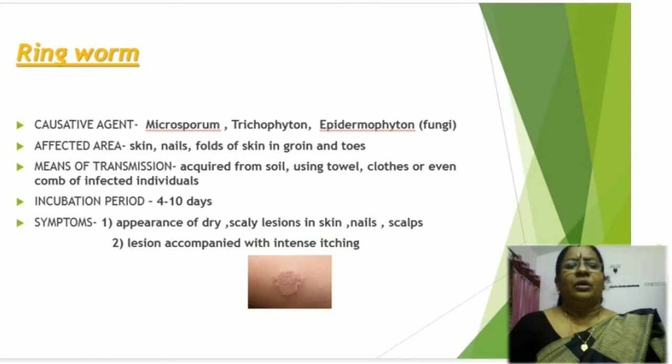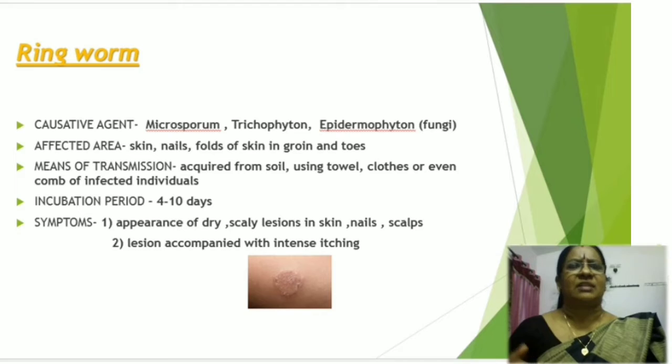The last one is ringworm disease. Ringworm disease is caused by 3 genera of fungi, that is Microsporum, Trichophyton and Epidermophyton. It affects the scalp, nails, folds of skin in the groin and toes.